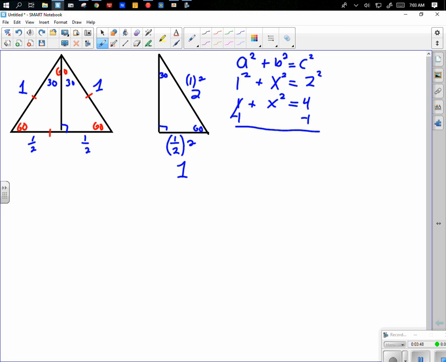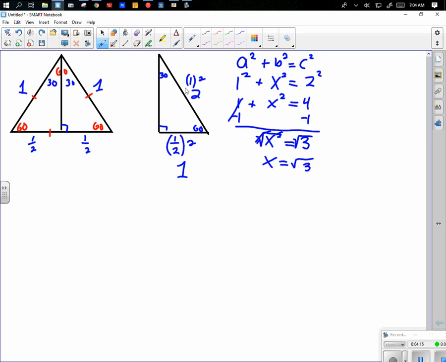These are opposites, they cancel, so we have x squared is equal to 3. Now get the x by itself, square root. When you do it to one side, you must do it to the other. Square and square roots are opposites, so you have x is equal to radical 3.